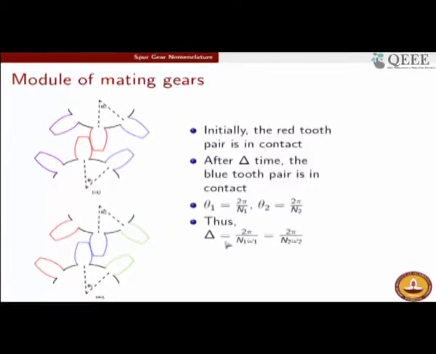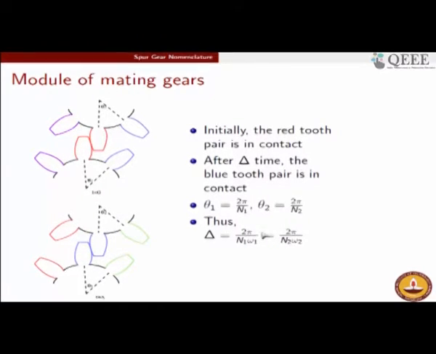So, the time interval by which the blue tooth in gear 2 occupies the position of the red tooth in gear 2 has to be exactly the same as the time interval at which the blue tooth in gear 1 occupies the position of the red tooth in gear 1.